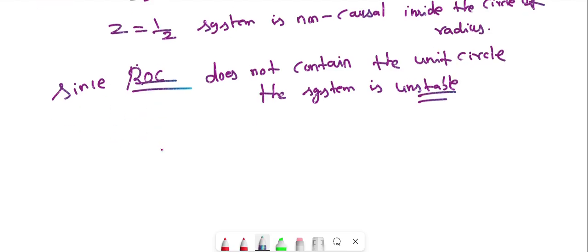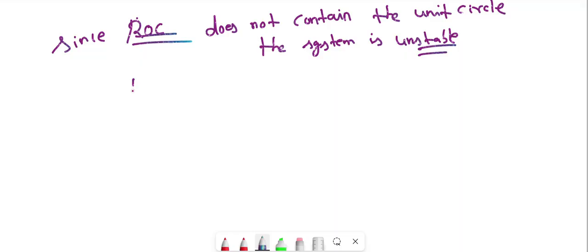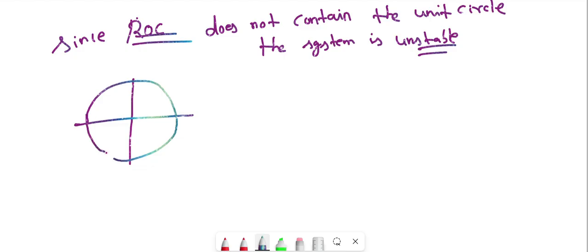How can you draw this? For example, take r equal to 1.